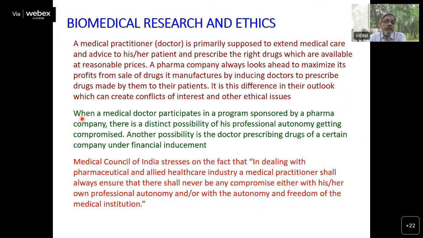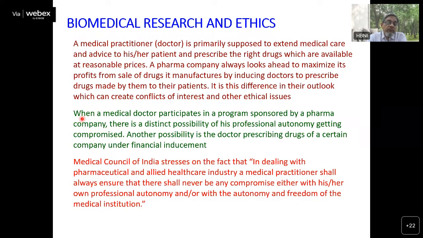When a medical doctor participates in a program which is sponsored by a pharmaceutical company, there's a distinct possibility of his professional autonomy getting compromised. You can very often see doctors prescribing certain drugs of a certain company to their patients because they have received some undue financial inducement.